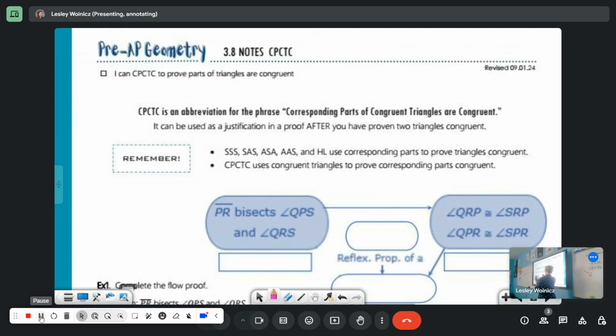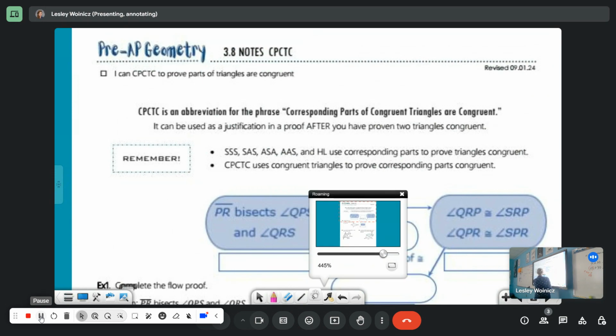All of these shortcuts are going to use corresponding parts of triangles to prove those triangles are congruent. Once that job is done, we are allowed to use the theorem corresponding parts of congruent triangles are congruent to say that the other parts of the triangles are also congruent, the parts that we didn't use with the shortcut. Okay? All right, let's look at how that works.